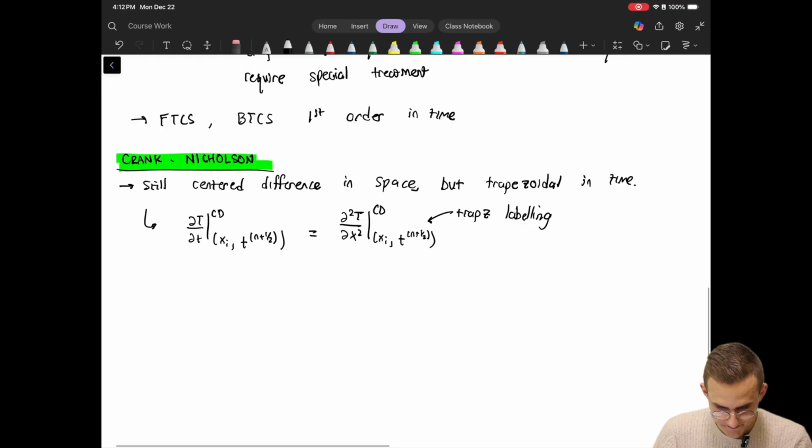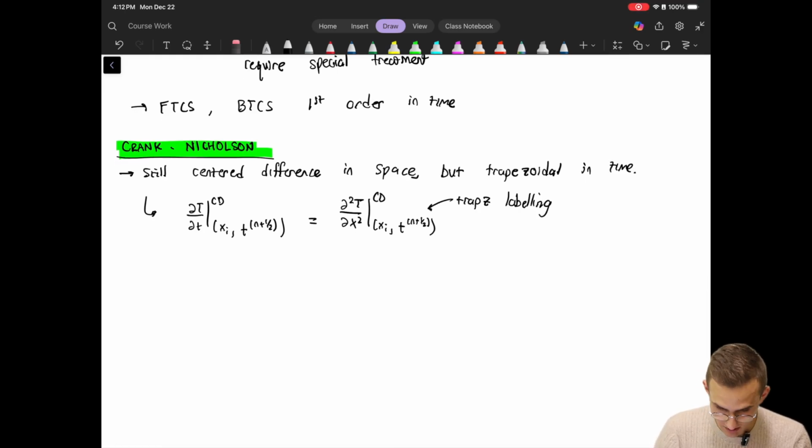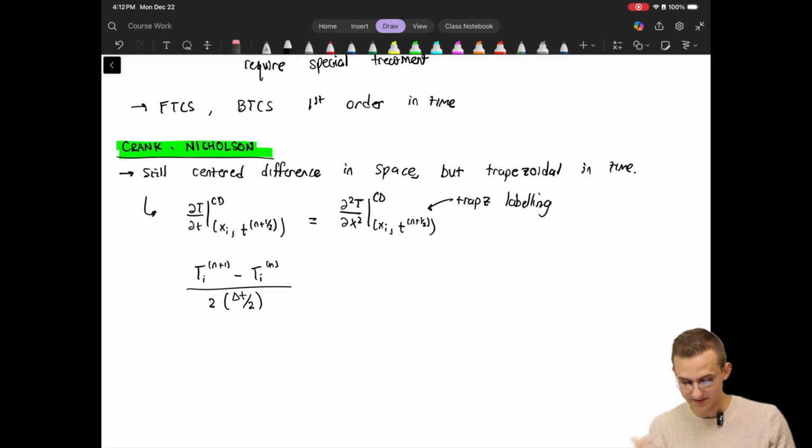So what we have on the left hand side is center difference in time about this fictitious center point, which is just going to be ti n plus 1 minus ti n over 2 times delta t over 2. So that would be center difference about that fictitious point.